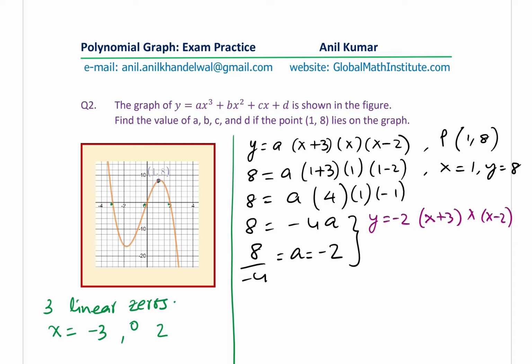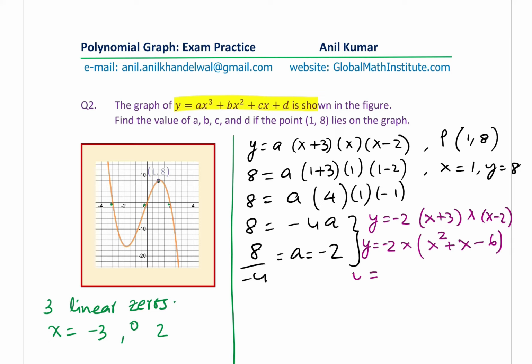Only then will we know the values of a, b, c and d, correct? So let's expand and write this equation in the standard form. So we get y equals minus 2 and x times (x plus 3) times (x minus 2). We get x squared. Then 3 minus 2 is 1, so that is plus x. And 3 times minus 2 is minus 6.